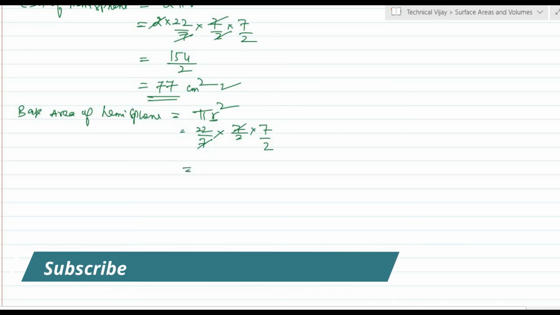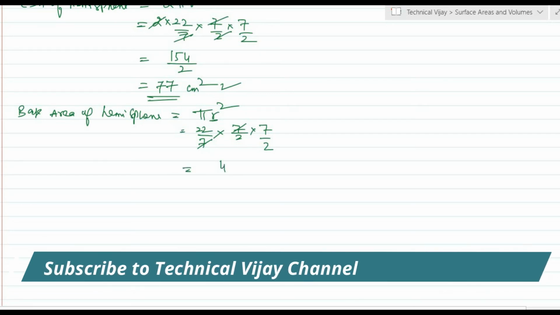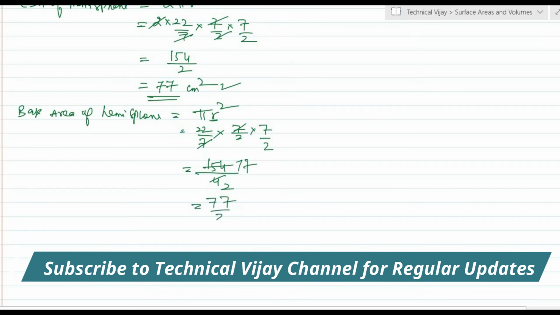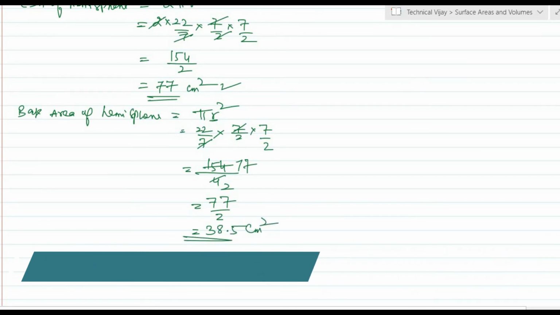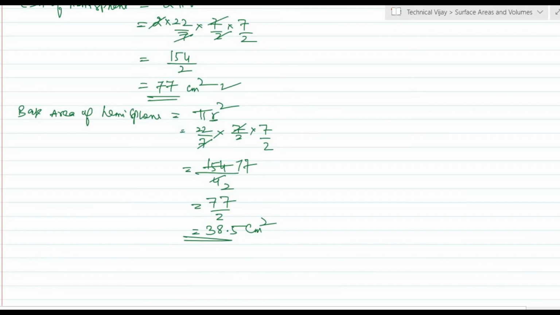So 22 into 7 is 154, divided by 4, which is equal to 77 by 2. That is 38.5 square centimeter. Now we have to substitute here.